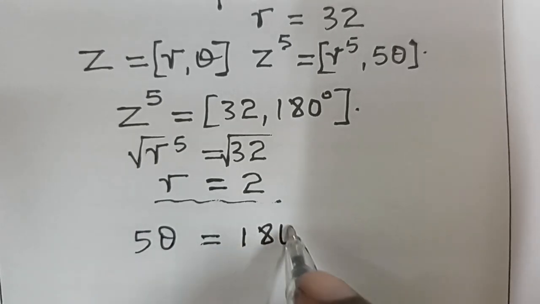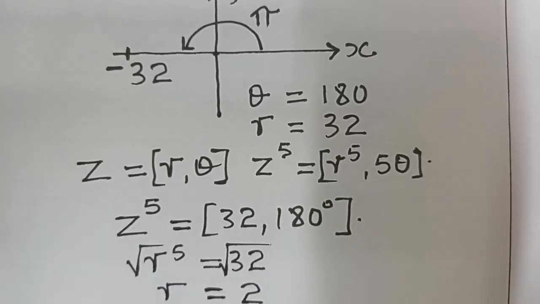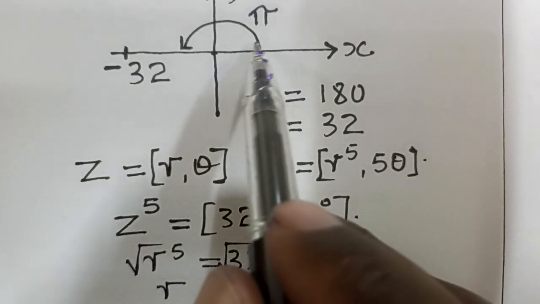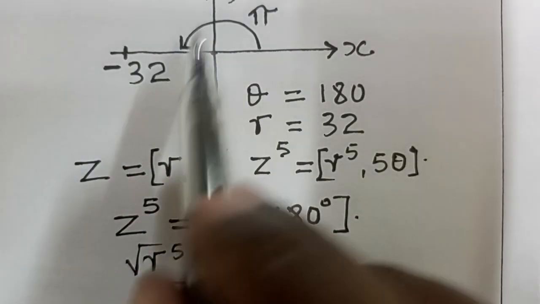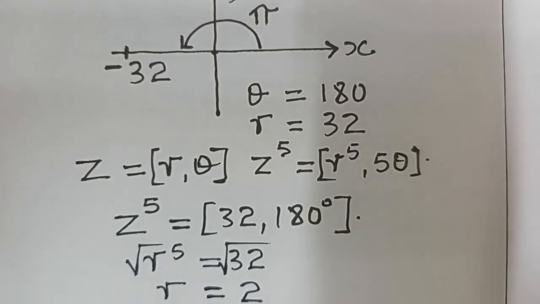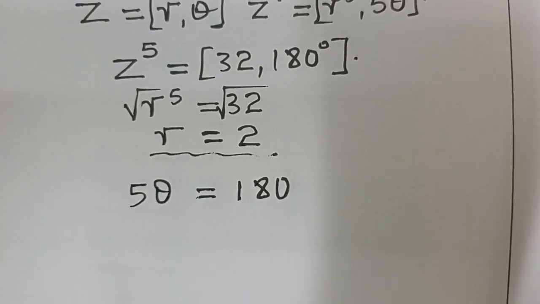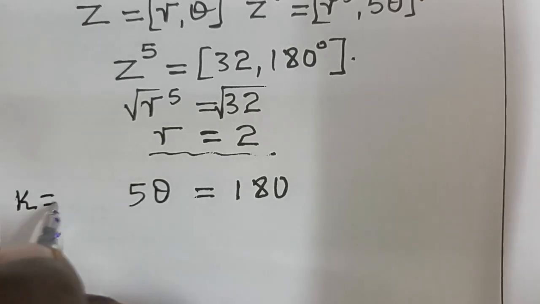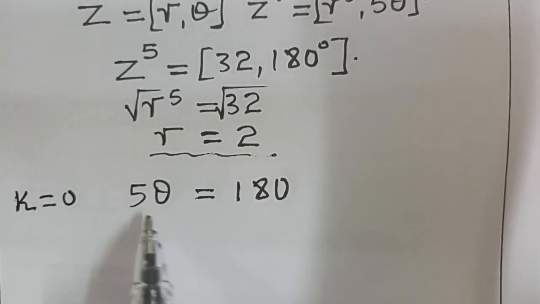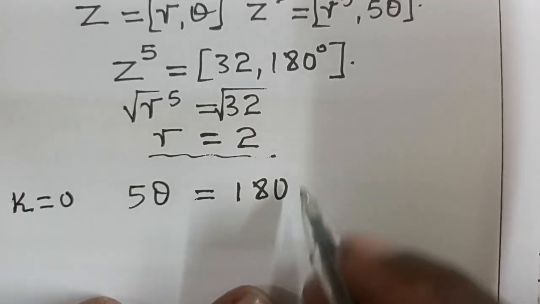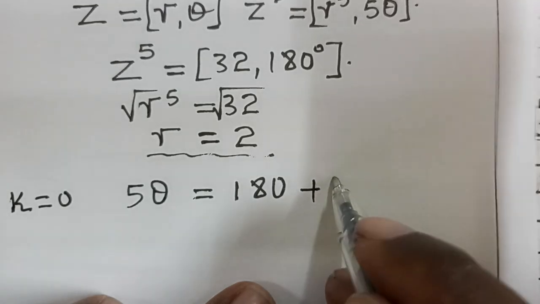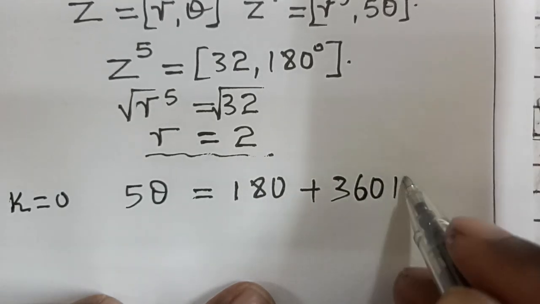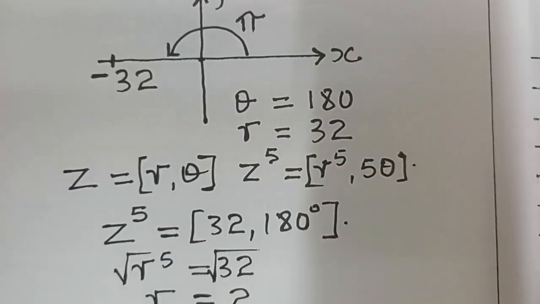But remember, we can go round and round. That point can be found by going round again, and still round again. We represent that by what we call k. So we shall have k equals 0. That gives us 5 theta equals 180 plus 360. 360 represents going round again from this point.